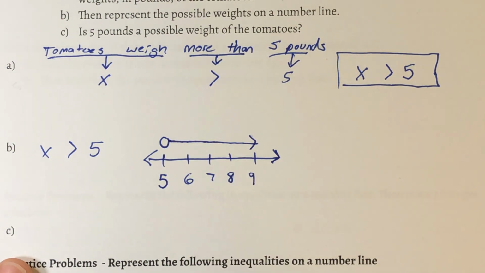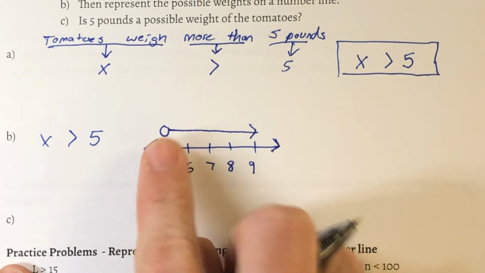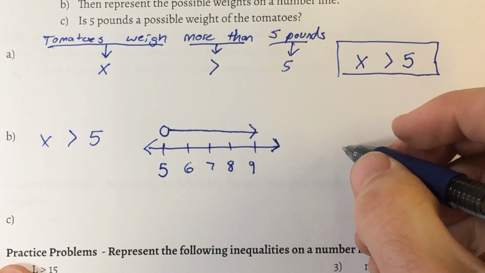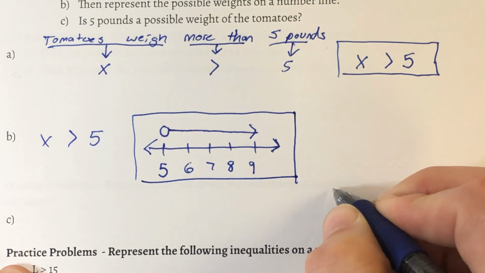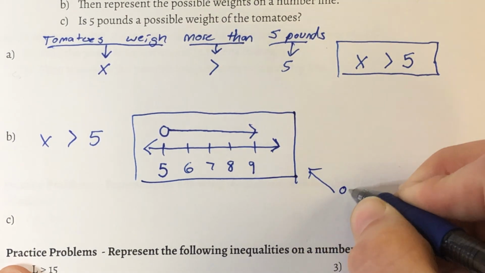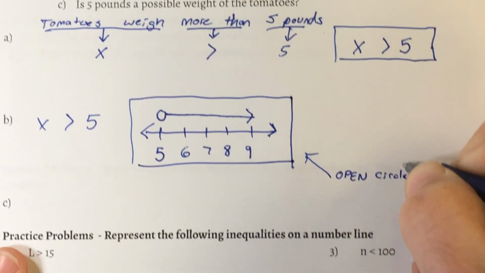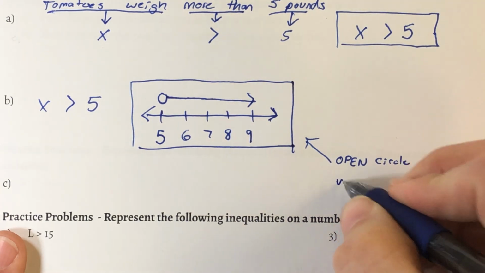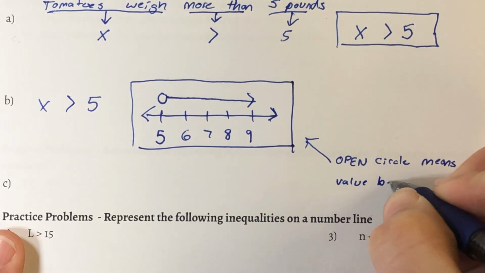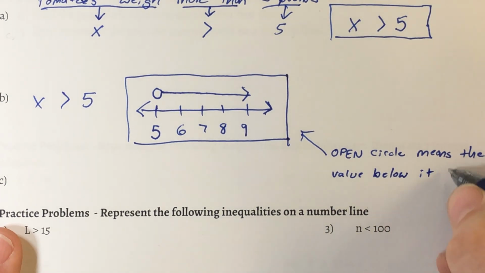One thing about that circle right there. You can either have an open circle or a closed circle. So an open circle means the value below it is not a solution.